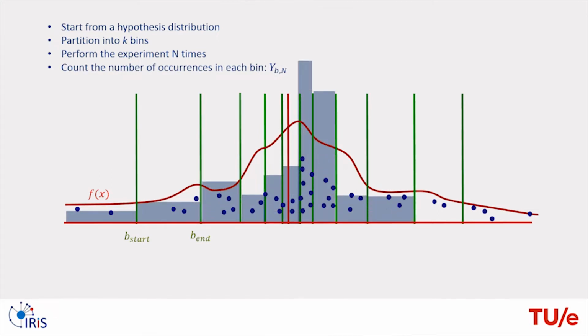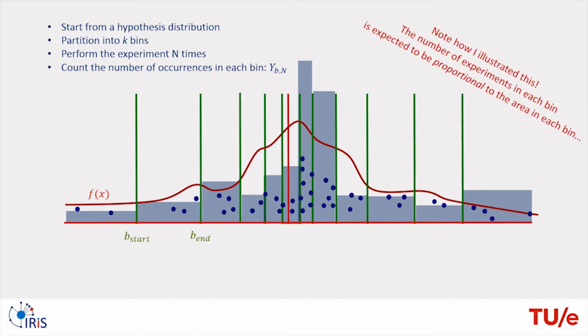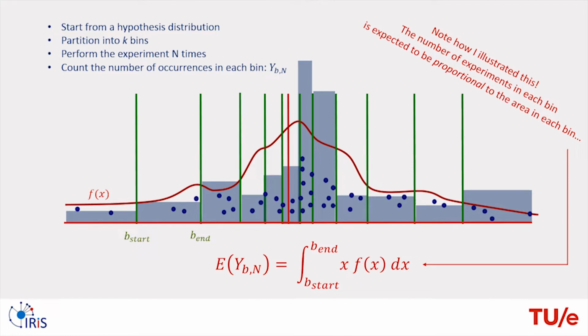Let's say Y_b,n, b for the bin number and n for the total amount of measurements that we're going to do. And Y_b,n is the number of stochastic variables that fall into this bin, the number of experiments that fall into this bin. Of course, we can compute the expected value of this count from our hypothesized distribution.